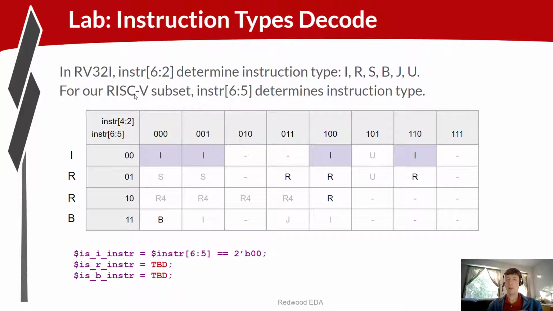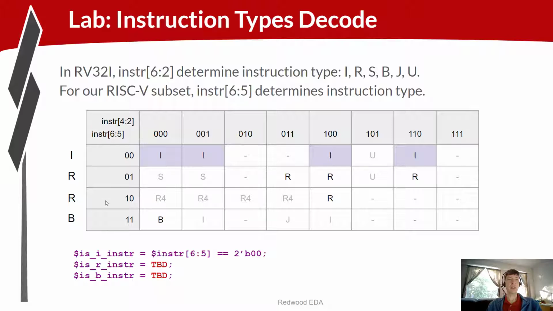And for our machine, our CPU, we're not going to implement the full functionality of a RISC-V CPU. We're just going to implement enough functionality to be able to execute our simple program. And our program is written entirely with 3 instructions: an add instruction, an add immediate instruction, and a branch instruction. So those are the only 3 instructions that we really need to support in our instruction decode logic.